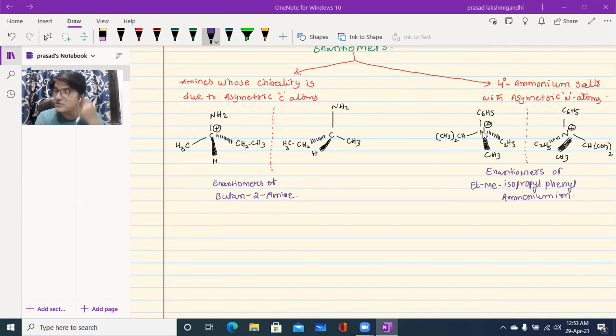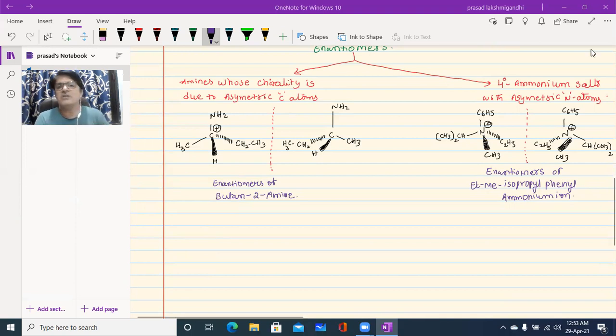This nitrogen is bonded with four bonds, so we know it is a quaternary ammonium salt. The example has ethyl, methyl, isopropyl and phenyl groups, an ammonium ion, because a quaternary ammonium salt gives an ammonium ion.